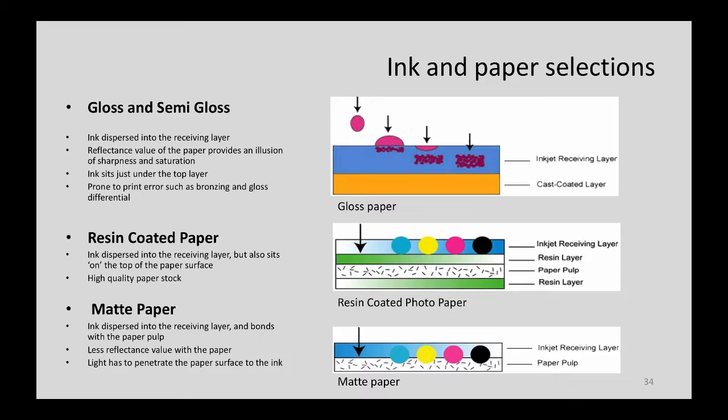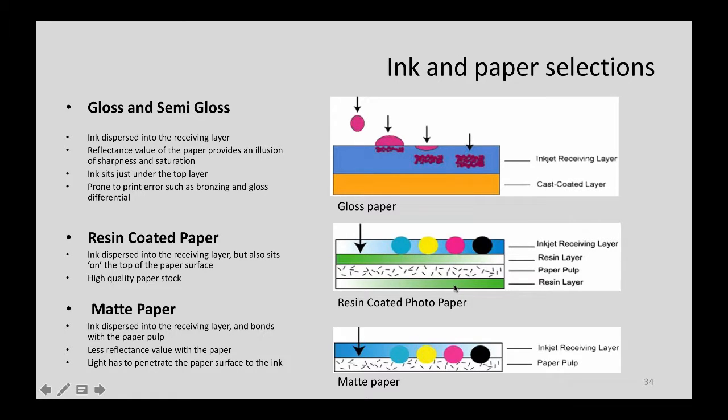So the resin coated papers is the other one that I work with, and I only work with this when I have strong colour or a large tonal range including deep blacks in my images. And the ink once again is dispersed into that receiving layer, but there is, as you can see, quite a number of layers sitting underneath it.